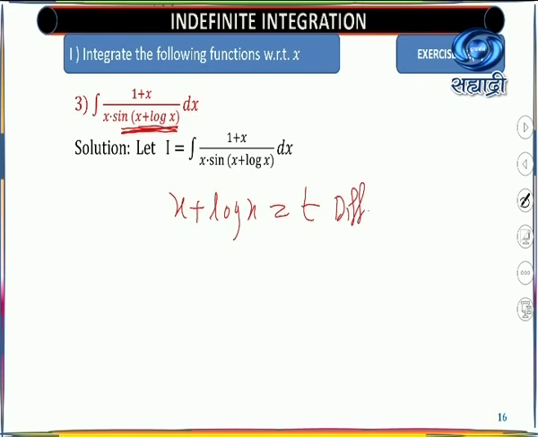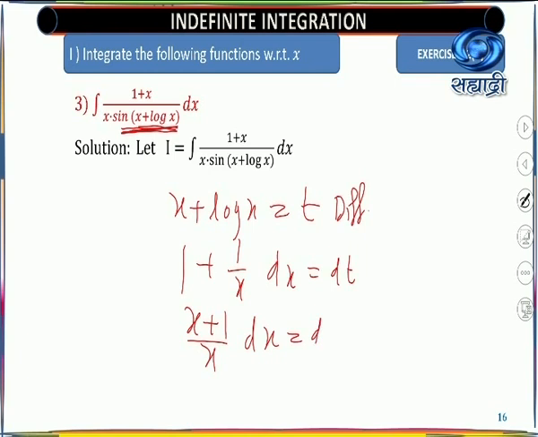After differentiation, we'll get 1 plus 1 upon x dx equal to dt. Now if you write properly, you take the LCM, that is x plus 1 upon x dx equal to dt.